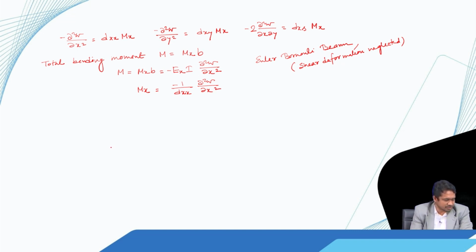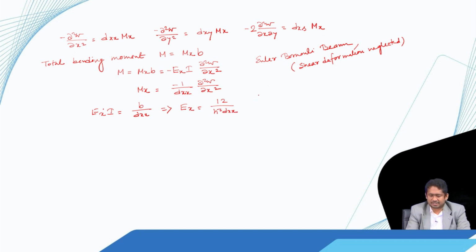With this we can write Ex I as b by dxx, and that gives us Ex equal to 12 by h cube dxx, because we know that I, the second moment of inertia with respect to the y axis, is b h cube by 12.